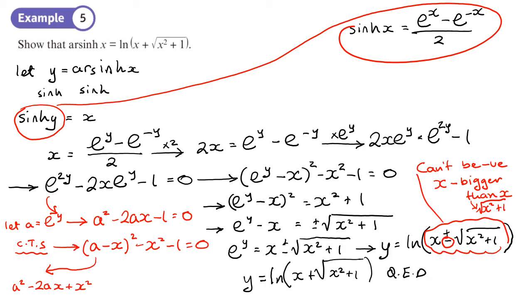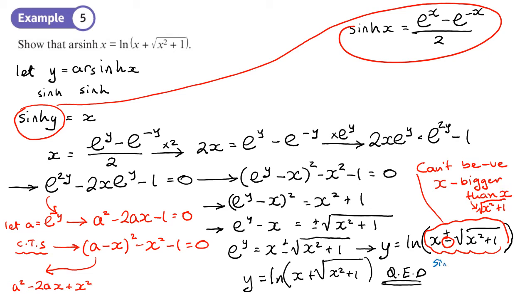Now, when you do this type of question, you'll probably need some explanation as to why you can't put the negative. So let me write it down. What you might want to write down is something like this.